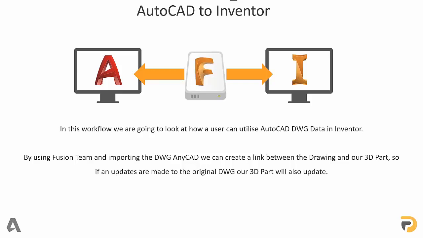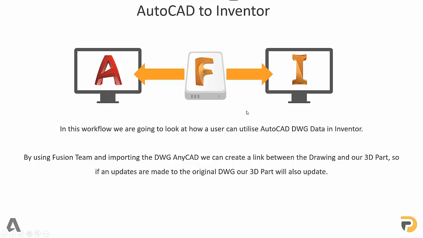So our workflow here is we're going to take an AutoCAD DWG into Inventor through Fusion Team. By importing the AutoCAD DWG through AnyCAD, we can create a link between the drawing and our 3D part. So if there are any updates made to that original DWG, the 3D part will then update. I think this is a really great workflow, to be honest, which we're hoping that a lot of our customers are going to now take up.